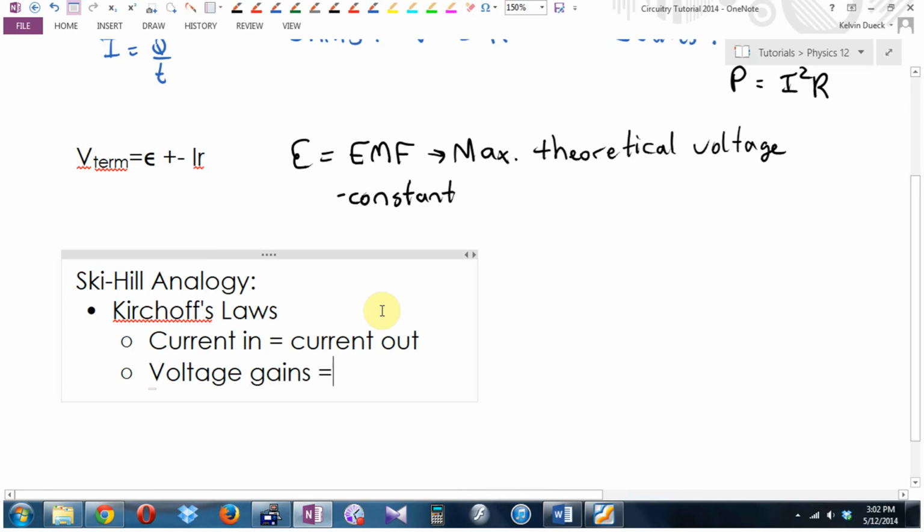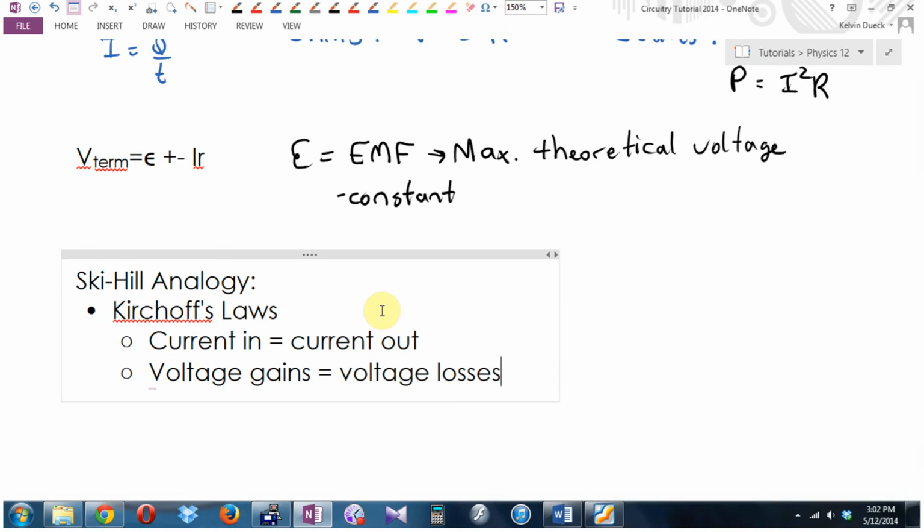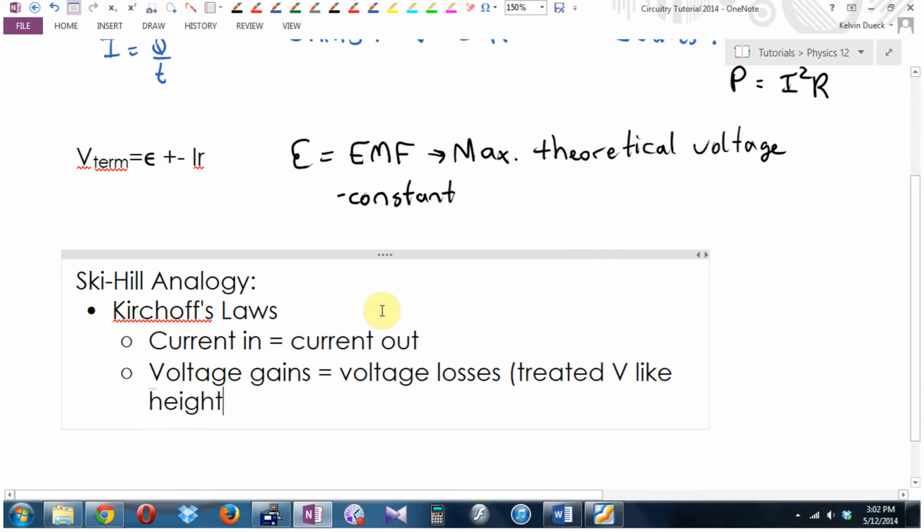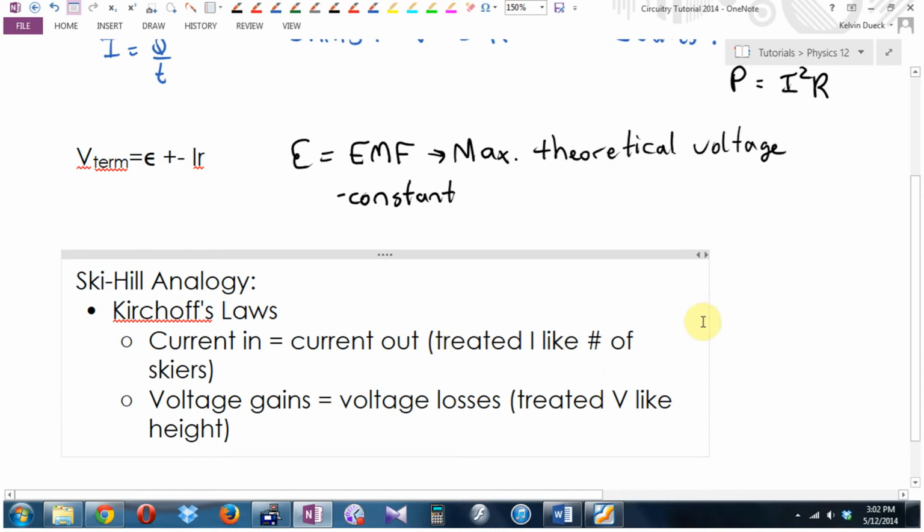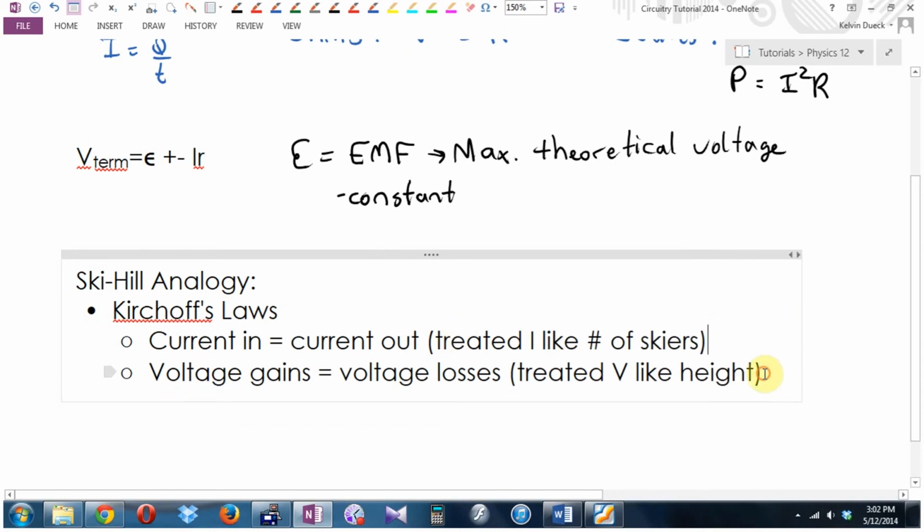Voltage gains equals voltage losses. If you ended up back where you started from, your net voltage change was 0 because whatever height you gained, you had to lose. And we treated voltage like height. Oh, and we treated current like number of skiers. Okay.